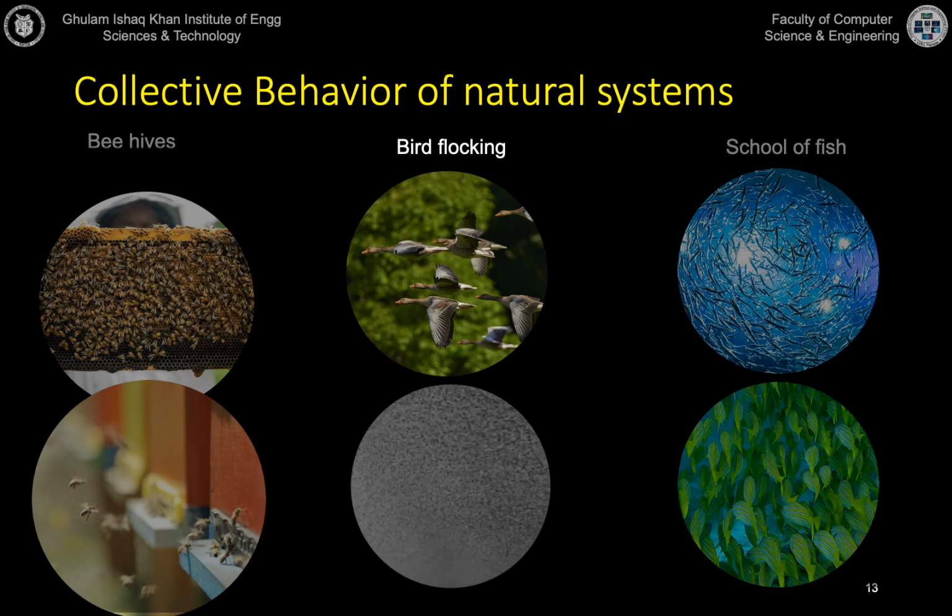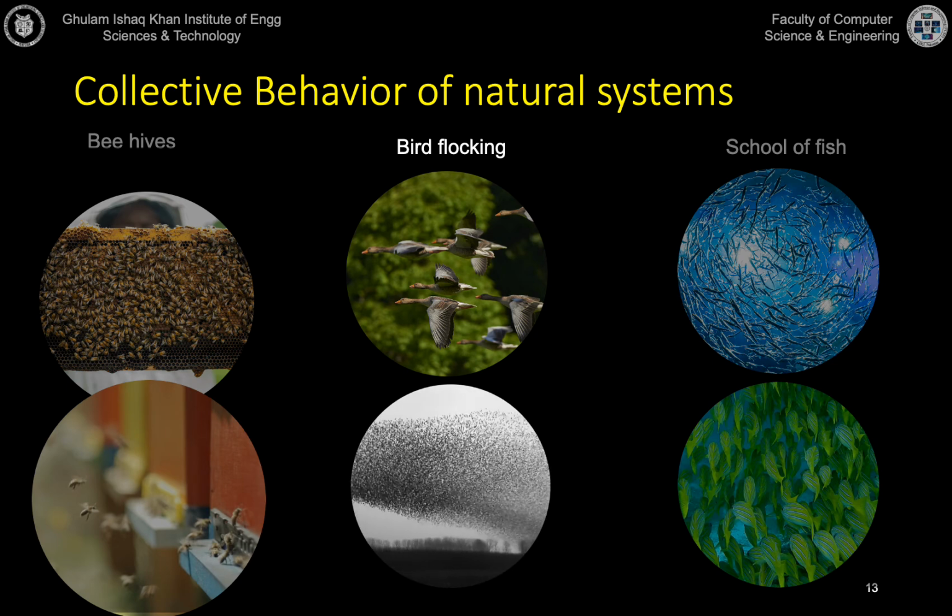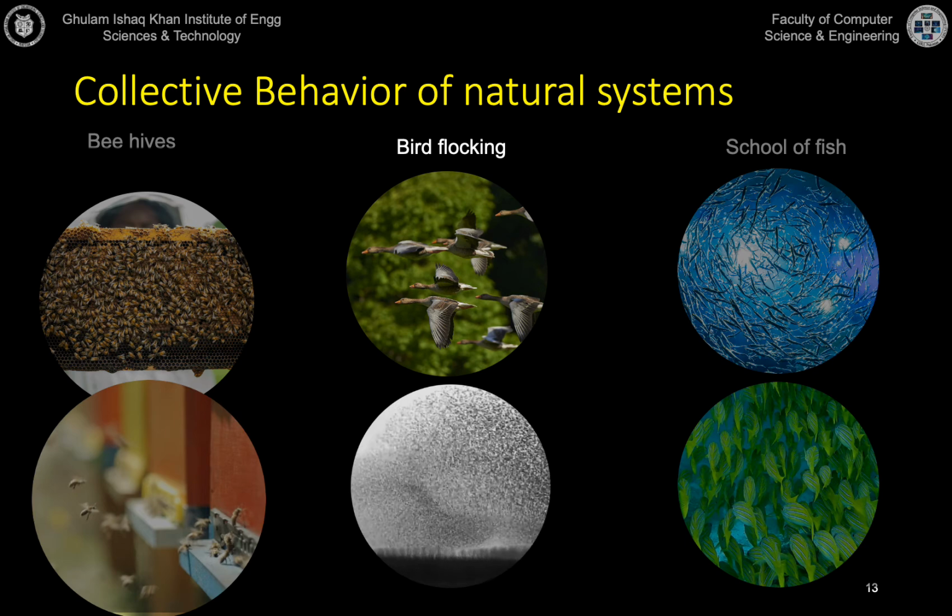And that behavior of birds flocking together and reaching a particular goal, for example, the goal could be to survive from a particular prey or an eagle who is trying to attack them, and to confuse it, and so on.